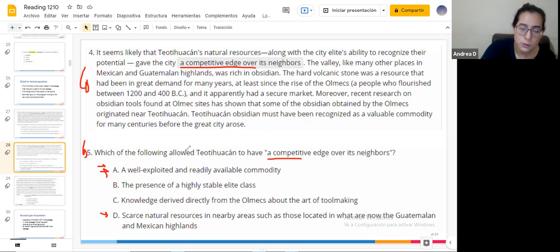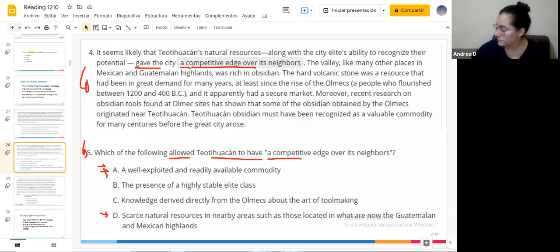Now, there are more keywords if you think about it, because in the question we have something like, which of the following allowed Teotihuacan to have? Now, what I'm going to ask you is, do you think that allowing Teotihuacan to have is the same as saying giving Teotihuacan a competitive edge? Is it close enough? What gave the city a competitive edge over its neighbors, or what allowed the city to have a competitive edge over its neighbors?